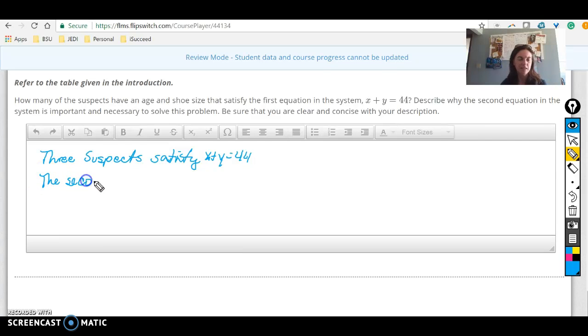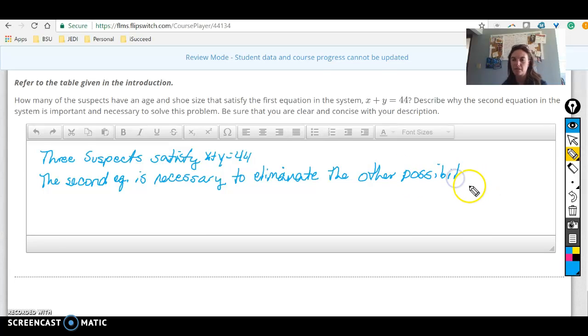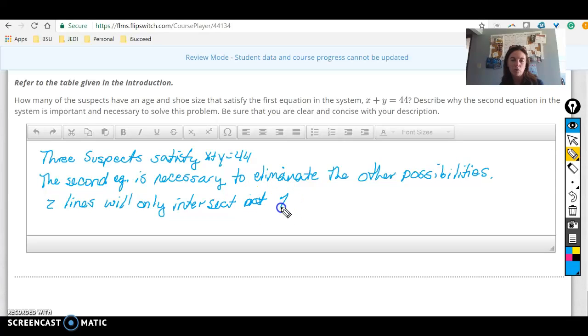The second equation is necessary to eliminate the other possibilities. 2 lines, and not straight lines, 2 lines will only intersect at one point.